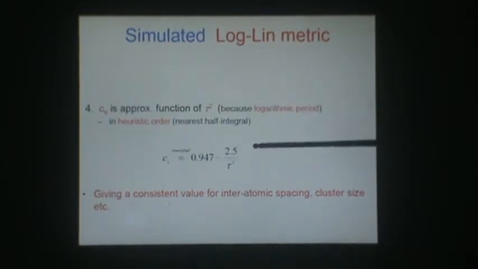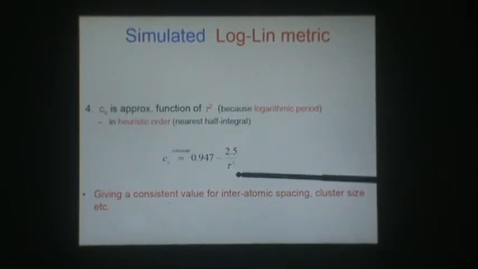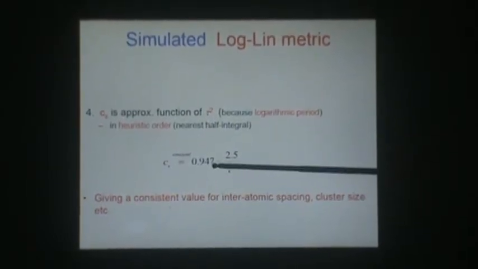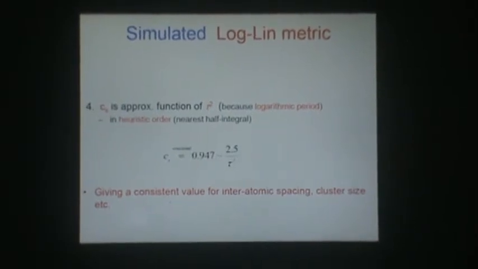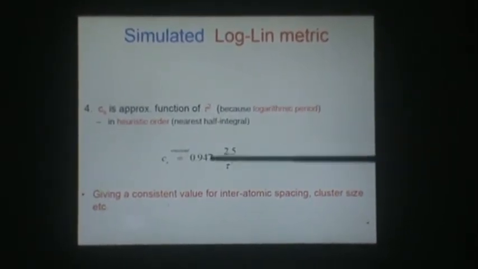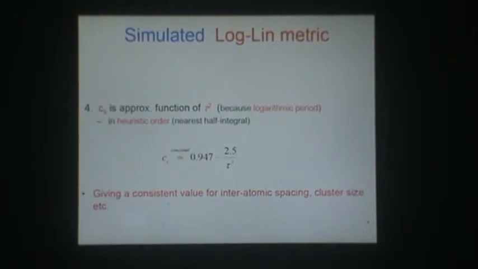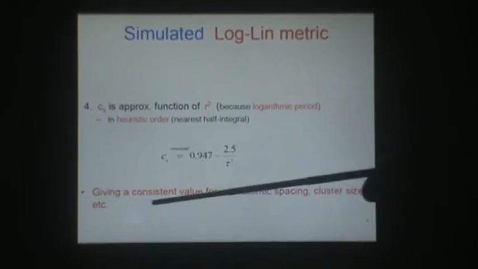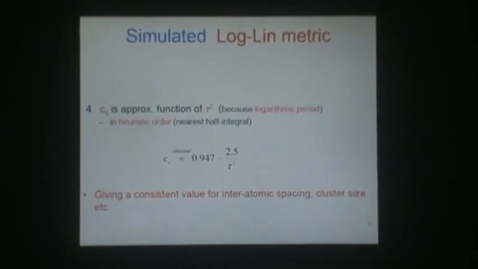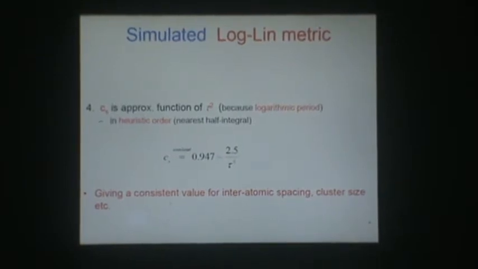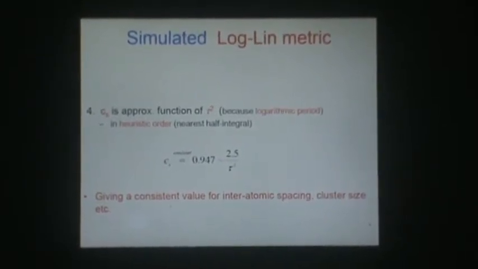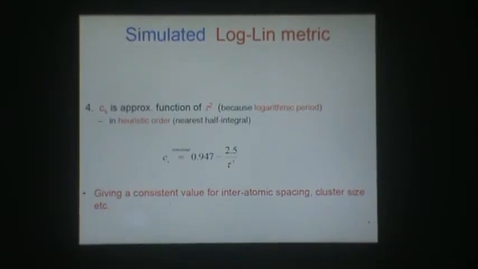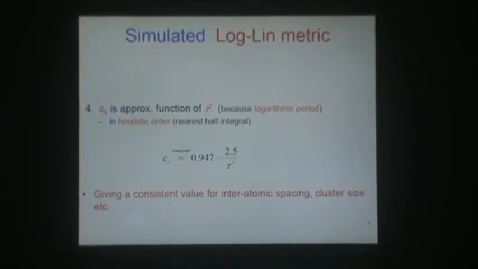And the intuitive value is 2.5 over tau squared, 2.5 being the nearest half integral to tau squared. The simulated value is easy to find, and the simulated value is 0.947. And this is close to this approximation. And when we use the simulated value, we find consistent values for interatomic spacing, cell size, cluster size, supercluster size, etc., etc. And of course, relative intensities.